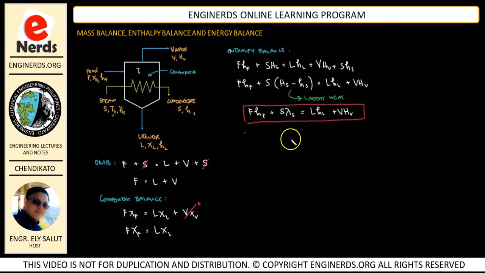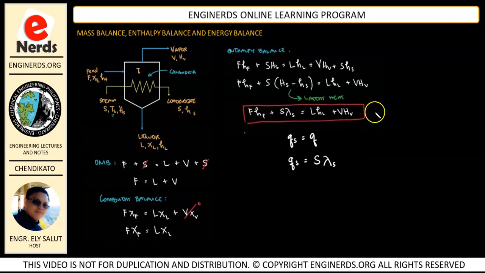And in that case, we can say that our heat on our steam will be equal to the heat in our liquor. And from our previous video, ito yung heat that is transferred from our steam, di ba? Alam na natin. So, that means our heat on the steam is equal to S over lambda S.